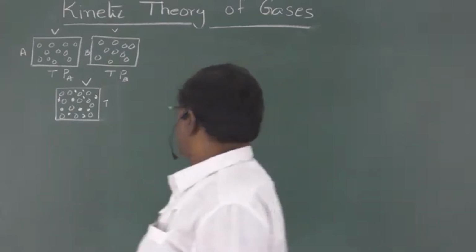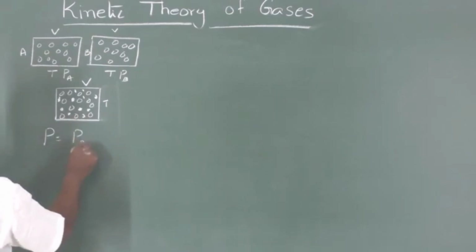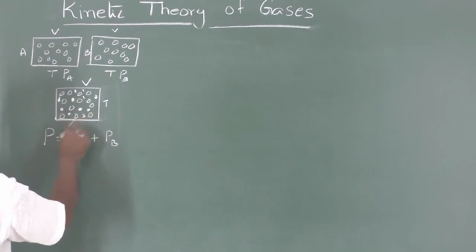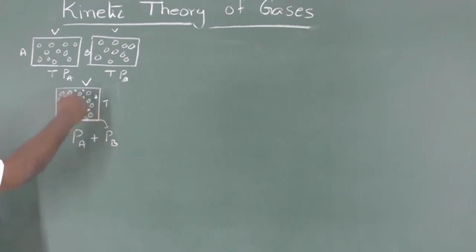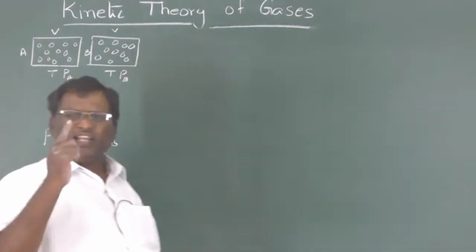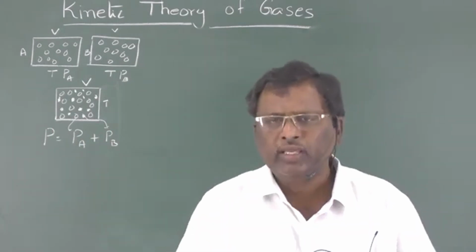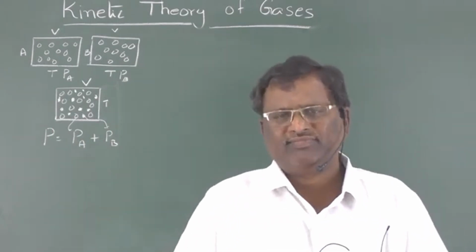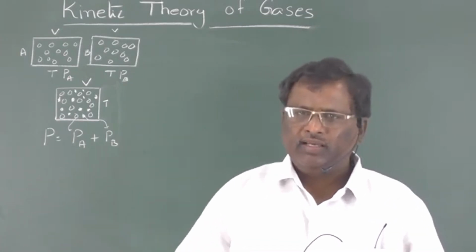Now the total pressure exerted by these gas molecules, P, is equal to PA plus PB. This PA is exerted by gas molecules A, and PB is exerted by gas molecules B. In a gaseous mixture, the pressure exerted by one component's molecules alone is said to be the partial pressure of that gas. Here two non-reacting gases A and B are present in one container in the second case.